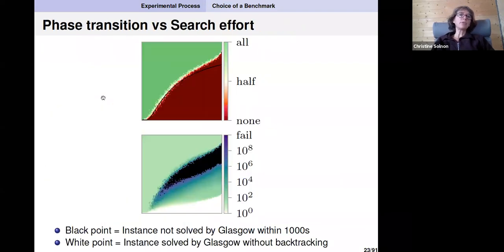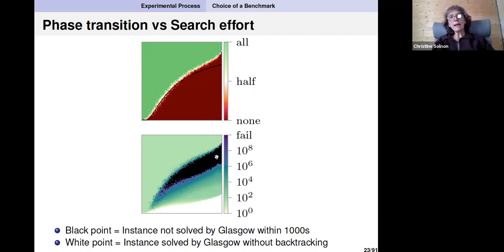Now we can check whether it is actually difficult or not to solve these instances. So here is a plot obtained with Glasgow, with the same x and y axis. For each point, which corresponds to 10 instances, the color of the point gives the difficulty of solving the instance.